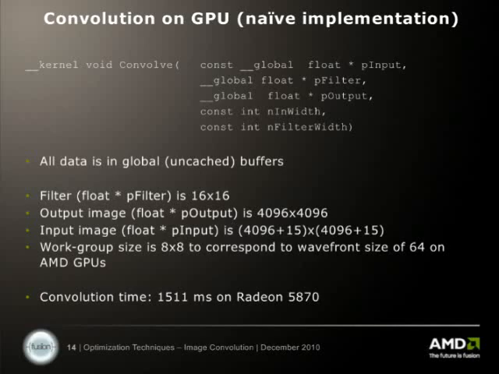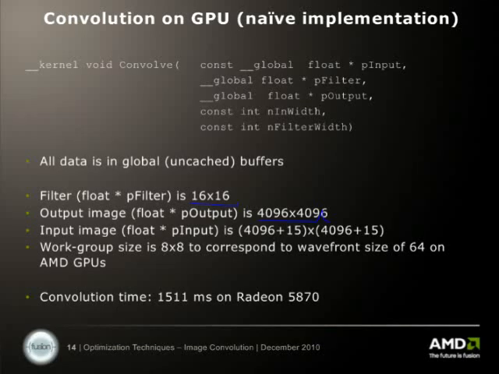You'll say what is the X location and what is the Y location of the output ID, and then do a weighted sum and write it out. So the meat of the kernel, which is the two nested loops, remains the same. For our webinar here, we'll take this particular example, and use a 16x16 filter.